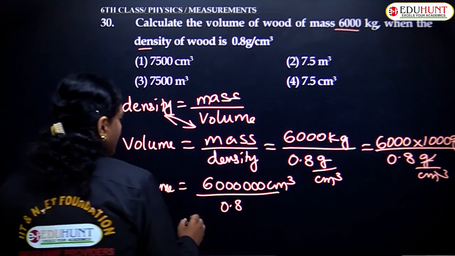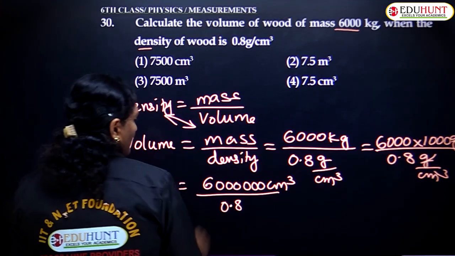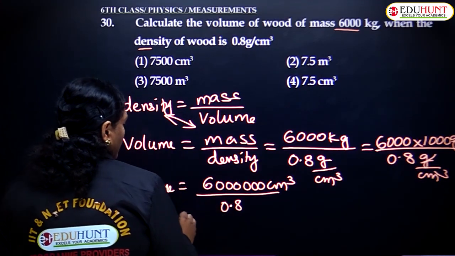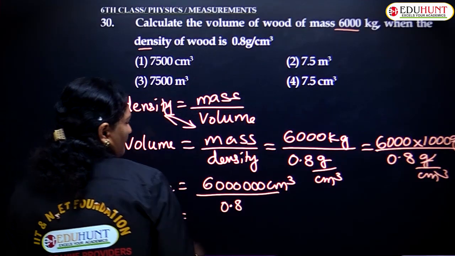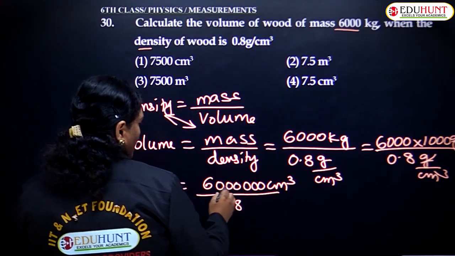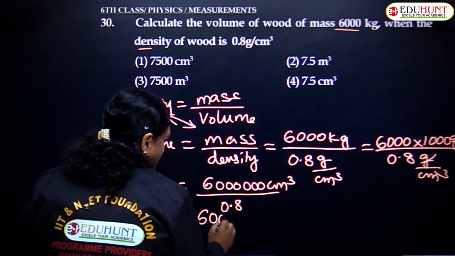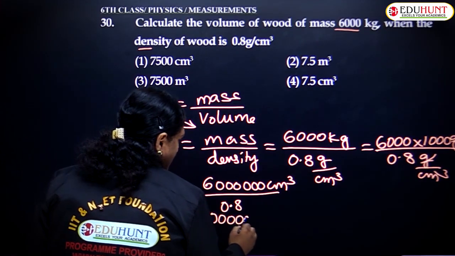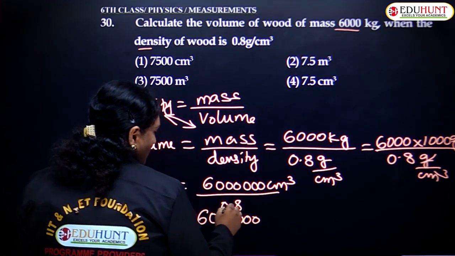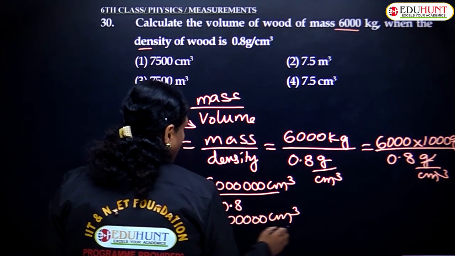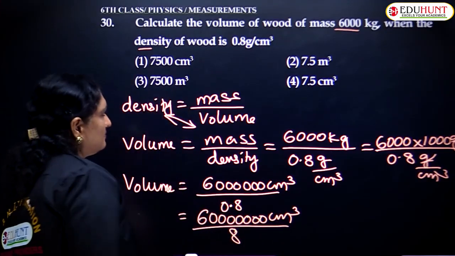So if you want to remove this decimal, it can be written as 6,000,000, I am keeping one more 0, centimeter cube upon 8.